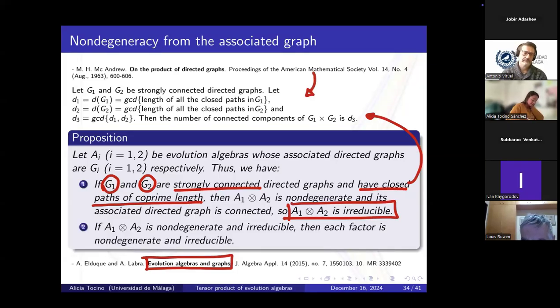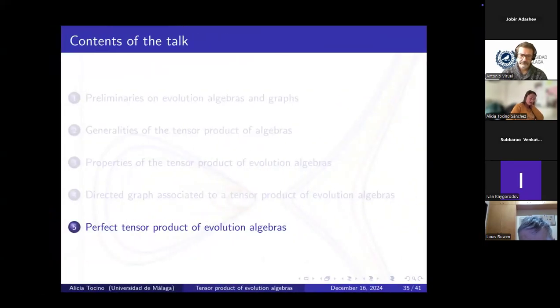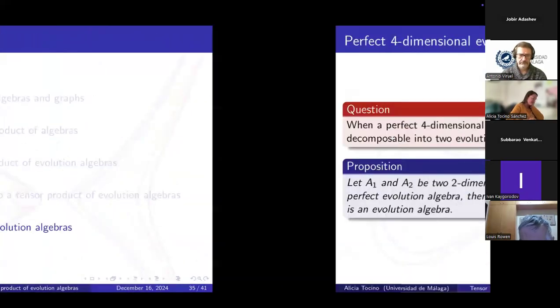Conversely, if the tensor product of two evolution algebras is non-degenerate and irreducible, then each factor is non-degenerate and irreducible. The most interesting part, we have finally arrived.